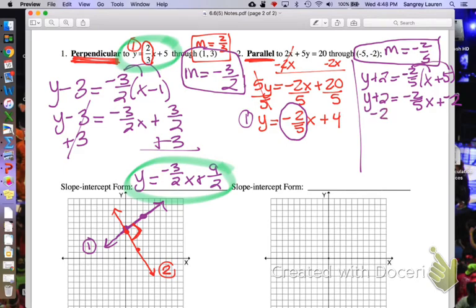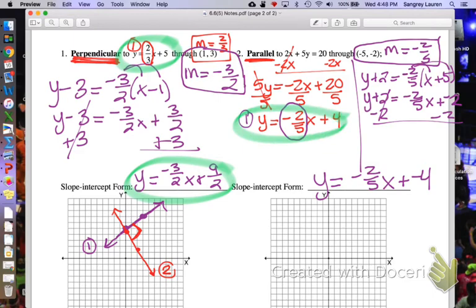We're going to subtract 2 from both sides. So we have y equals negative 2 over 5x plus negative 4. So we have line number 1. We have line number 2.